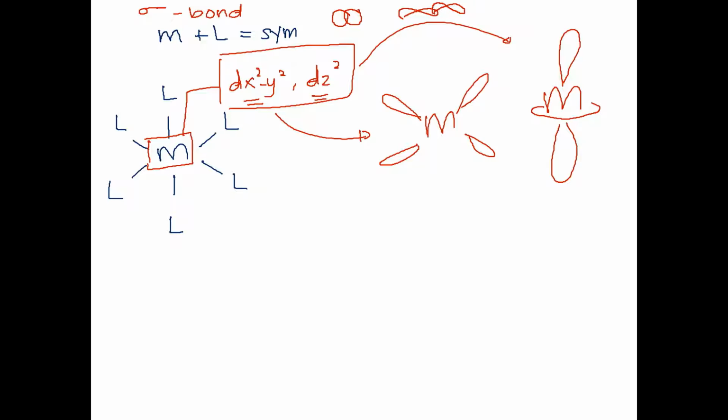So your choice of ligand can be an s orbital. Why do I say an s orbital? Because s can simply fit in here. So you can make an octahedral geometry, or your ligand has p orbitals. Why p?